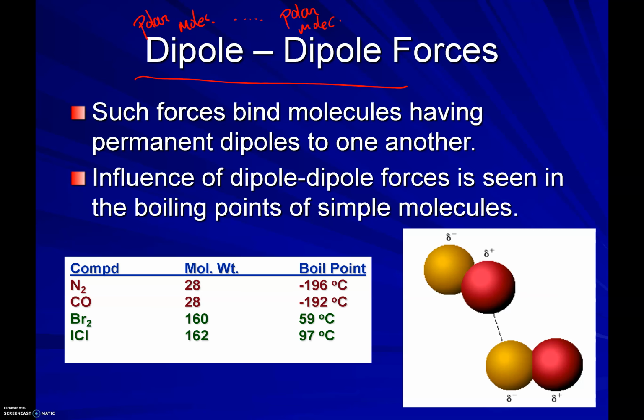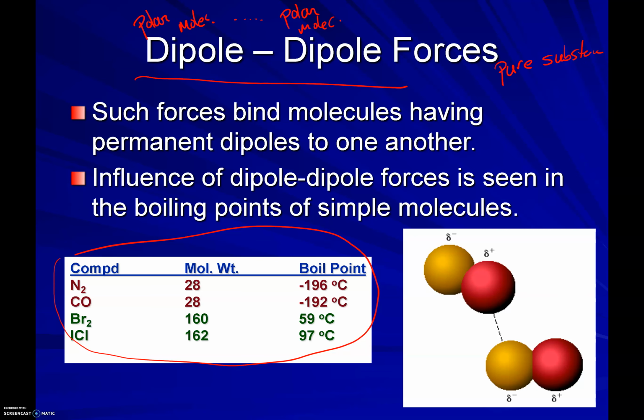And when we look at this, and we'll talk a little bit about this in our lab when we get to it, this is an example where we could make this HF, or HCl, however you want to think about it. But what you're looking for are two polar molecules. They don't have to be the same, because they just have to be two polar molecules. If it's a pure substance, like in our lab, then they will have to be the same substance.